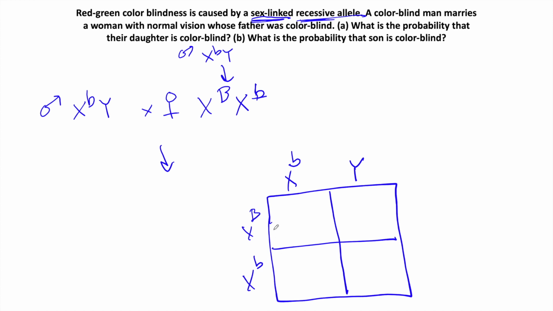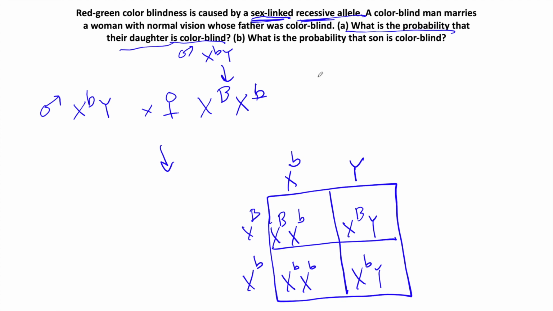Then you fill in the Punnett square: X big B X little b, X little b X little b, X big B Y, X little b Y.